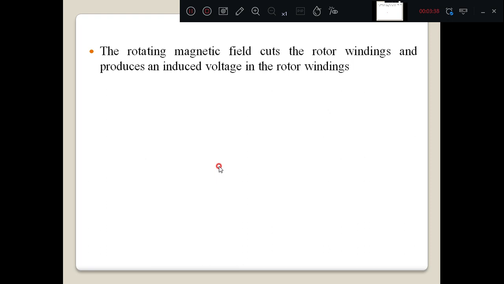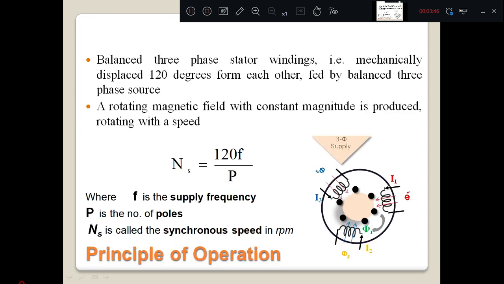Then the principle of operation of an induction motor is very simple. Once again you can see the diagram here. When a rotating magnetic field is produced here, at the time of starting the rotor is at rest or at a standstill. At the same time, the rotating magnetic field is sweeping the rotor conductors.